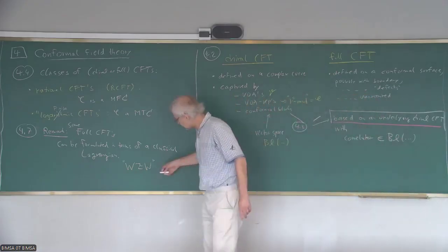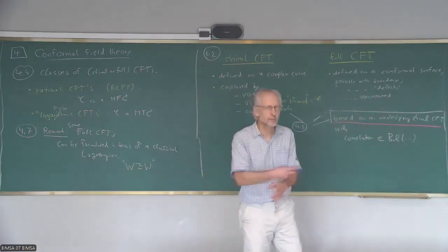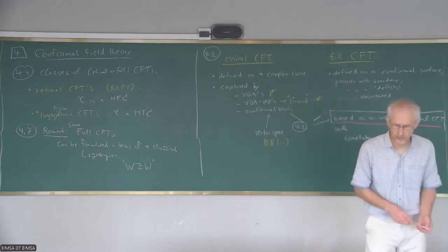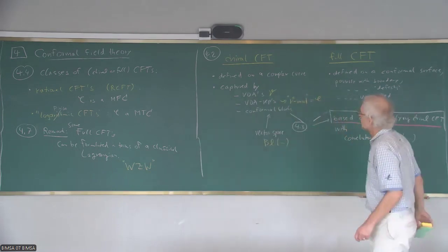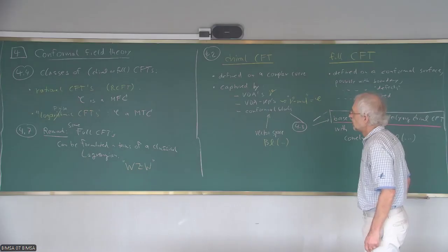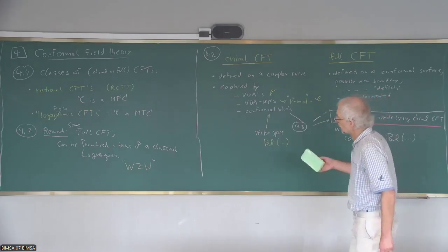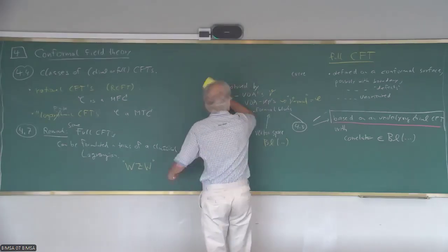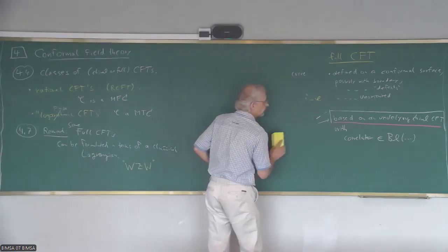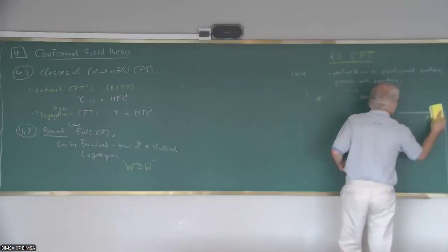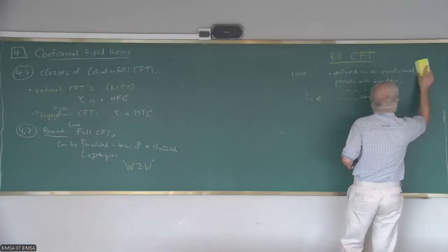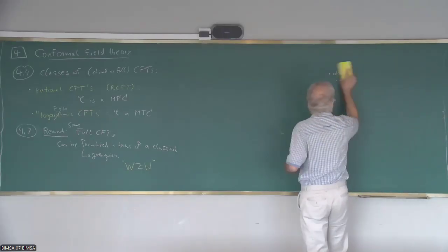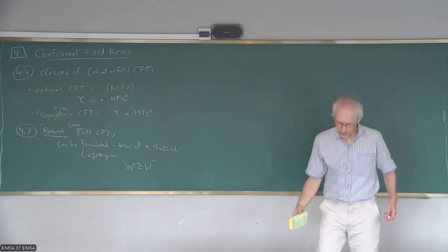There is a larger class, the so-called coset models, which are built from the WZW models. Some people think of those models as being defined in terms of classical Lagrangians, and that this gives you all the information you can have about those models.